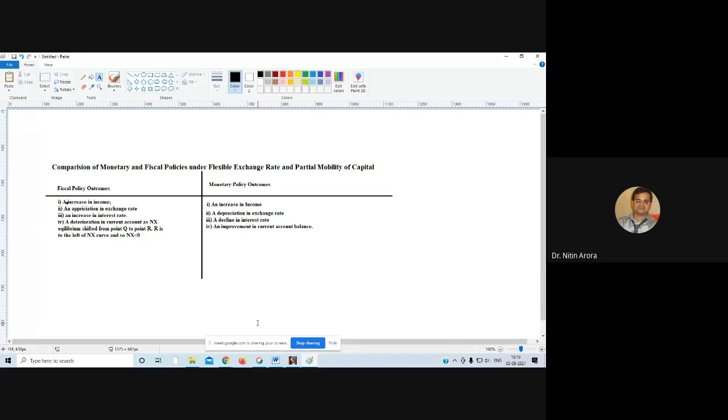In fiscal policy, an increase in interest rate may crowd out huge private investment because higher interest rates are not preferred for investment. On the other hand, when we exercise monetary policy, an increase in money supply causes interest rates to fall. So lesser interest rates are always expansionary.